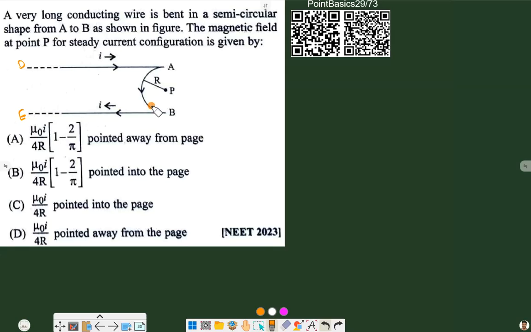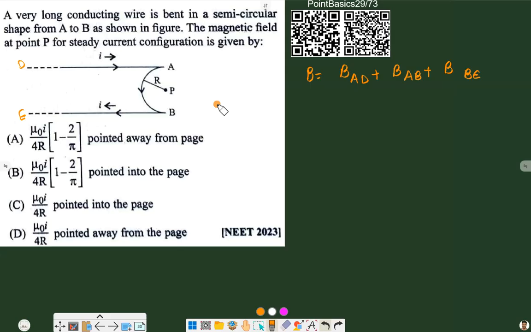Now we will have field due to three parts. So our total field will be due to conductor AD plus due to arc AB, and then due to conductor BE. Now let's see the direction of the magnetic field.